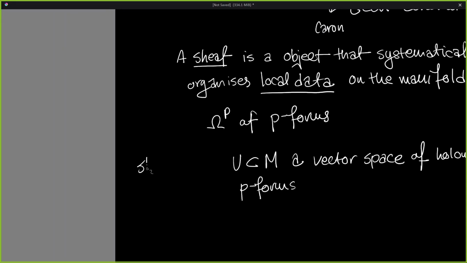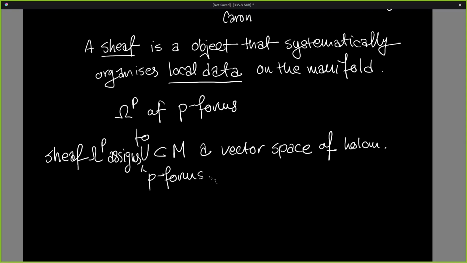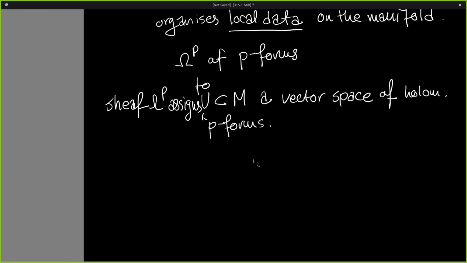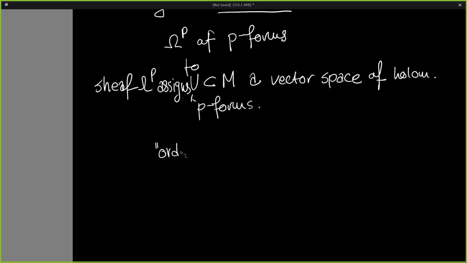So a sheaf omega p assigns to U a vector space of holomorphic p forms, right? So that's what a sheaf is, and it is what captures and crystallizes this idea of order q obstructions.